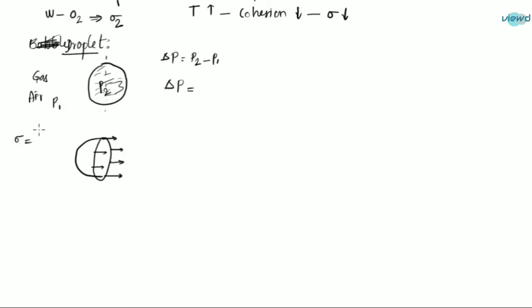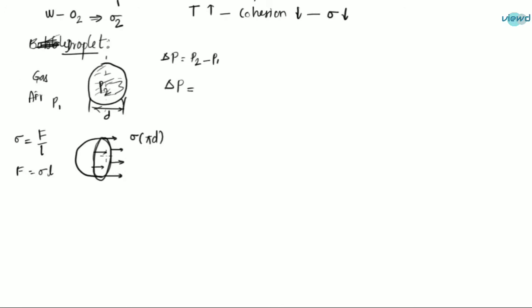Sigma is equal to force by length. So here what is the force? Force is equal to sigma into L. Here what is L? L is this total perimeter. So sigma into perimeter is pi d, where d is the diameter. And this is the surface tension force that is resisting.